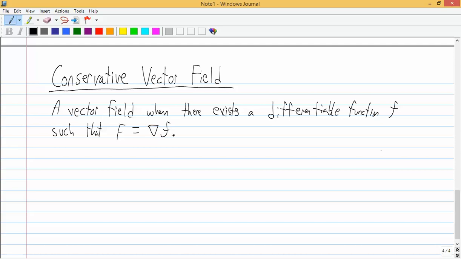So if there is some function that you can find the gradient of and get capital F, then it's called a conservative vector field.